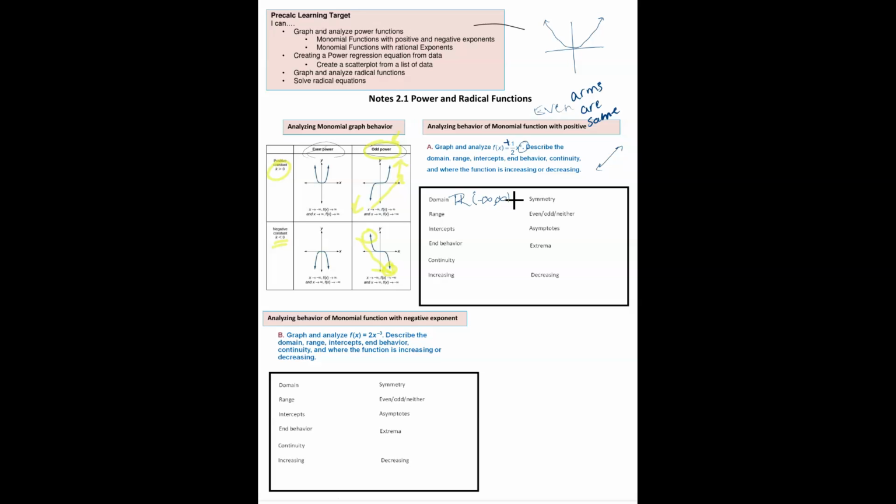So both arms are going up. We can say from 0 to infinity, from y equals 0 to infinity, remember that's y values. And remember, the bracket means we can touch 0. The parenthesis means it doesn't actually hit the infinity. All right, intercepts. Does it cross anywhere? It doesn't actually cross, but it does touch, even though my graph doesn't show it. It grazes it at 0, 0, so that would count as an intercept.